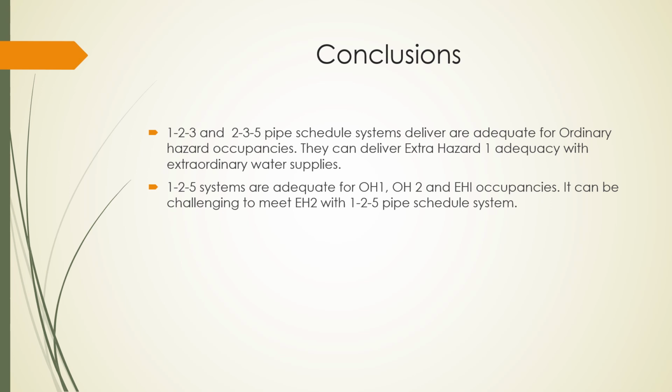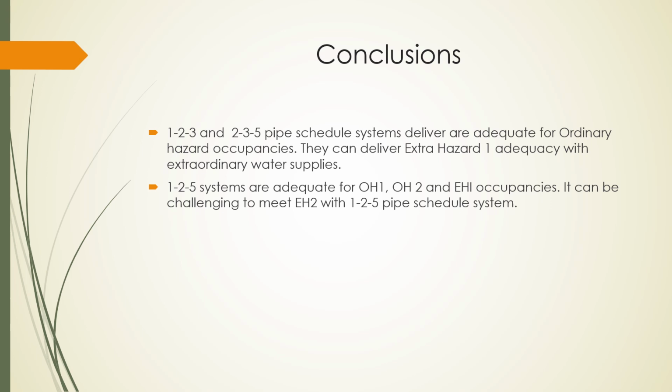So you look up at the ceiling, you see a 10 by 12 spacing on a 2, 3, 5 system, and you're walking through a shop with solvents, disregarding any kind of storage requirement. It's a pretty good bet that the sprinkler system is not going to deliver even if you've got 100 psi at the riser.